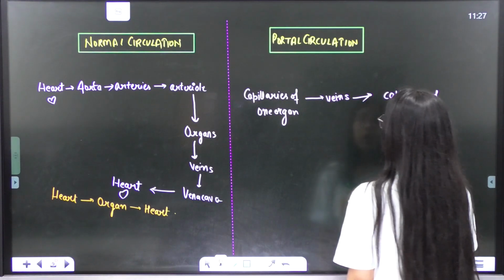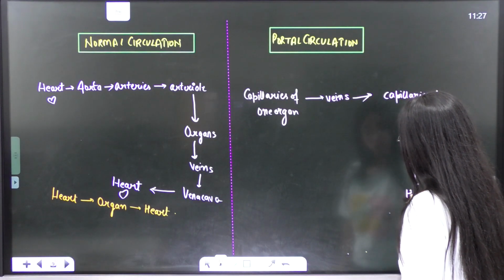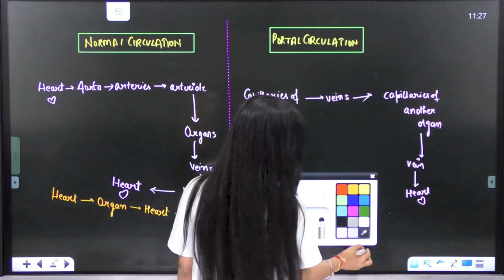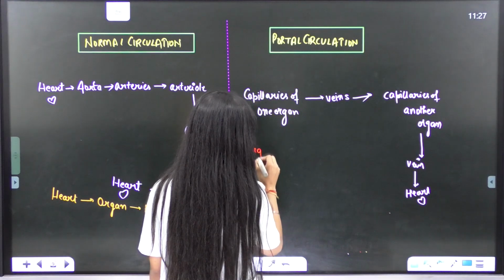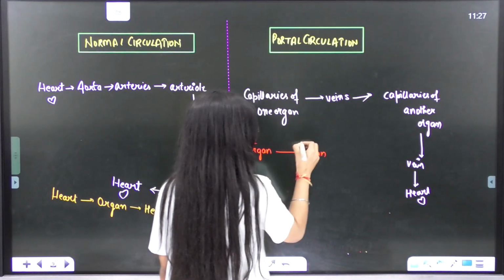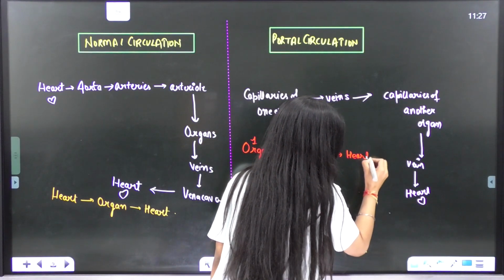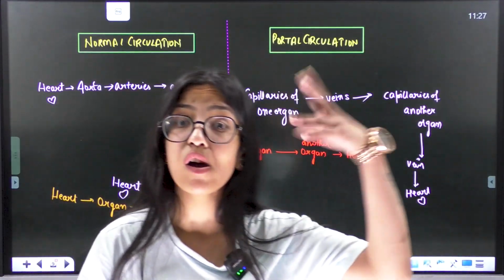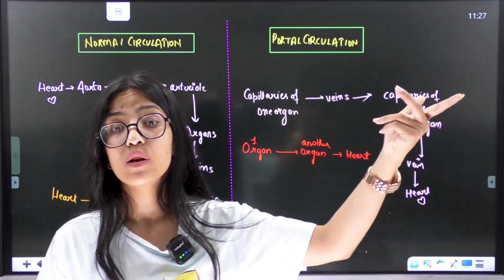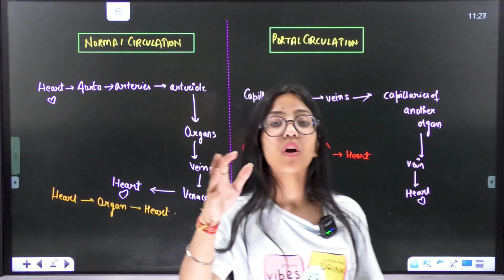Now this blood will move with the help of another vein to the heart, right? So see the circulation: one organ, another organ, and then to the heart. So what is portal circulation? Organ to organ circulation. What is normal circulation? Heart to heart circulation. Clear? Now we will see the types of portal circulation.